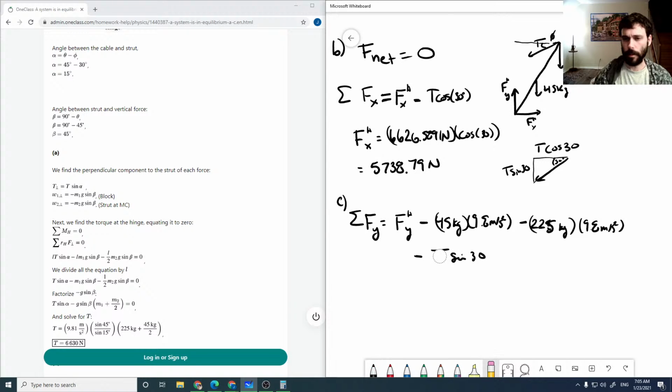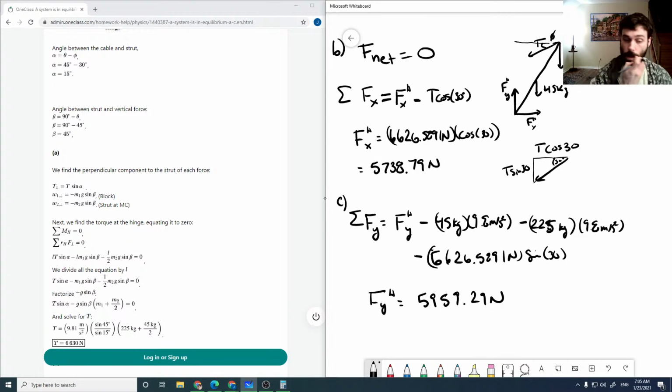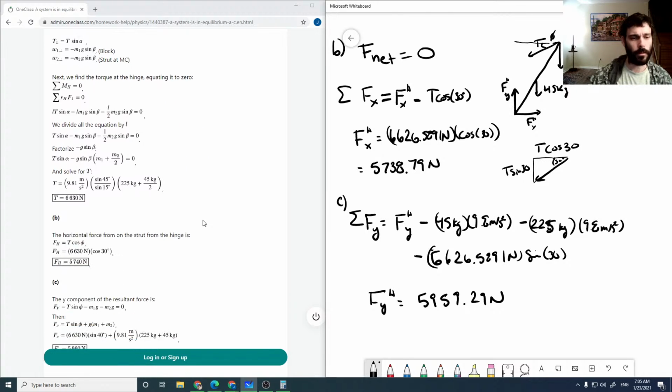I might as well put T in there instead of all the other values in. 6626.589 times the sine of 30. So we can rearrange for our Fy hinge, and that would be 59.29 newtons. And so there's our x and y components of our hinge forces.